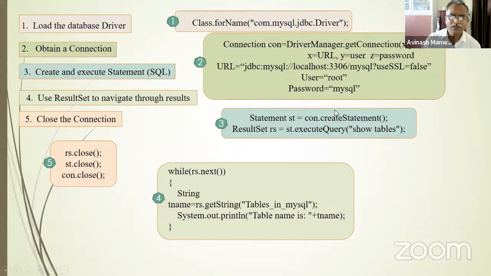Then, whenever you fire a query, you will get some result back. That result you can hold in a ResultSet object, which is again provided by the JDBC API. You can then use the executeQuery method or the executeUpdate method.